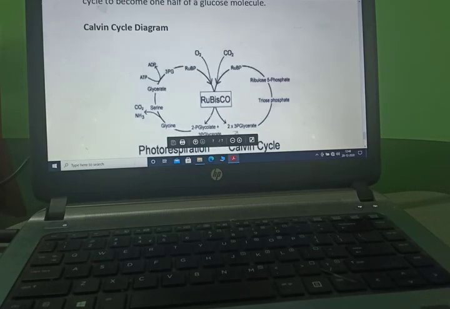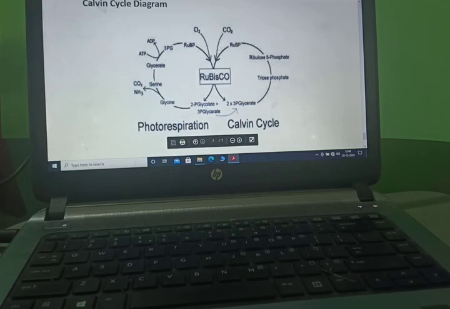Now, the Calvin cycle we will study here: Rubisco, photorespiration and the Calvin cycle. Now here we can see 2-phosphoglycerate, here 3-phosphoglycerate. Now here glycine, here triose phosphate. Now from glycine, serine, ammonia and carbon dioxide, here glycerate.